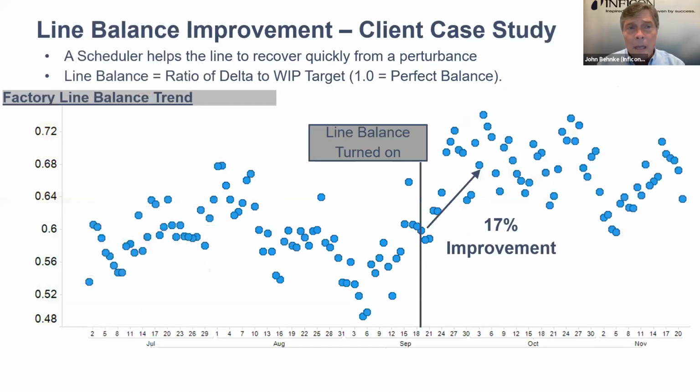So this is a real world example of a client where we improved the linearity by 17%. That's a lot. And that correlated to about a 13% improvement in factory capacity, or about a 25% reduction in cycle time at the same capacity. So again, it's a distributed effect that has tremendous improvement.